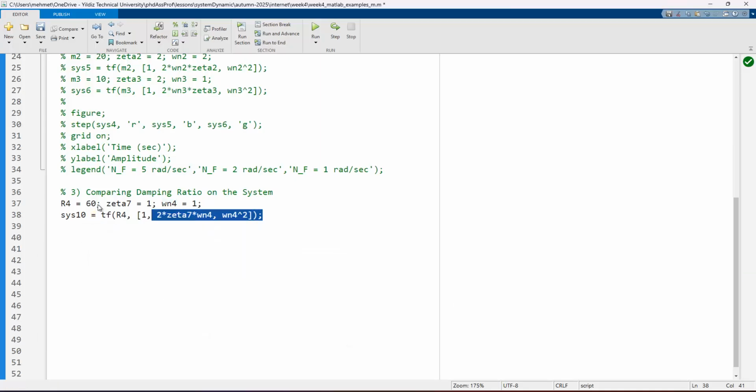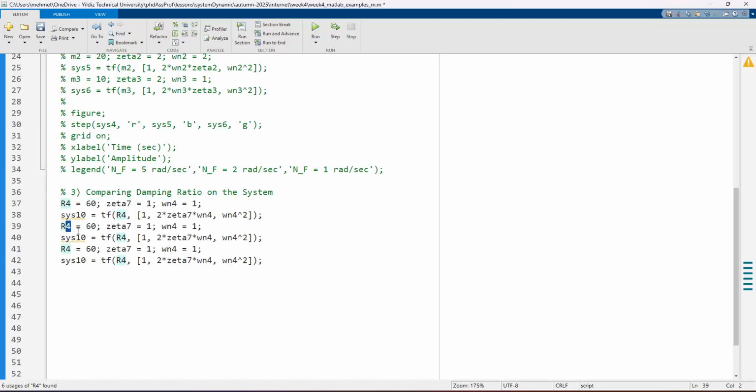And so we can create more systems in here, just like this one. This is r5, this is 70. For example, this is zeta 8, 0.5, and wn5 is the same as in the previous case.